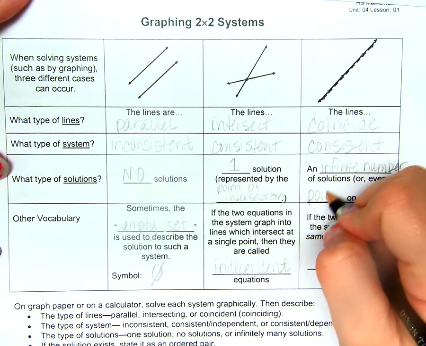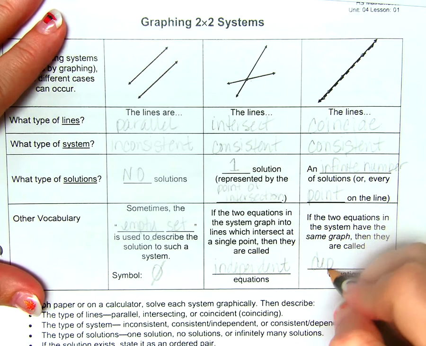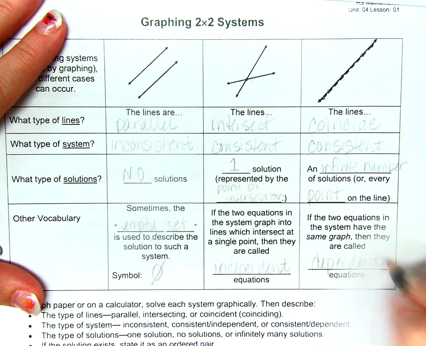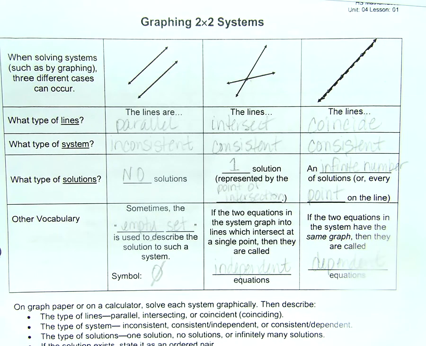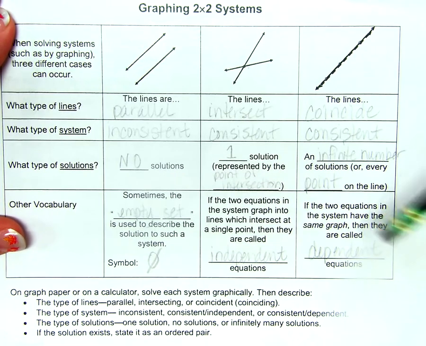Very good. If the two equations in the system have the same graph, then they are called dependent. Okay? Any questions about this?